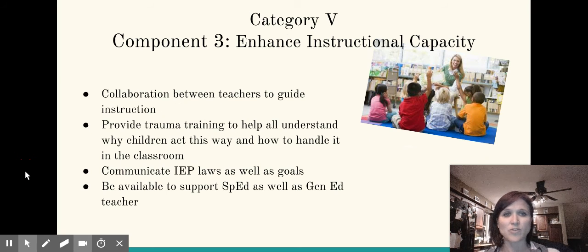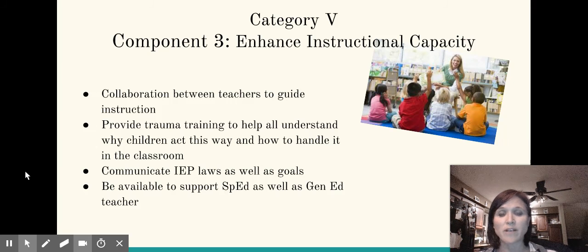How did this enhance the instructional capacity within the classroom? Anytime there's collaboration, it helps instructional capacity. So helping all of the teachers get together can help guide their instruction.